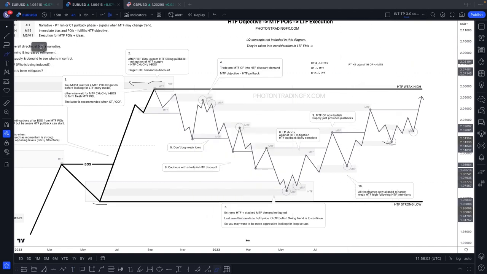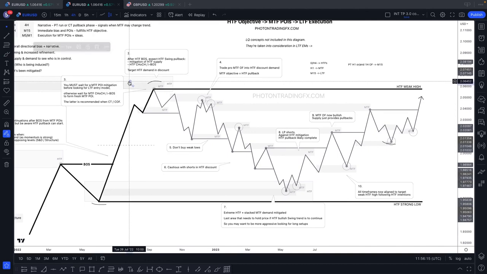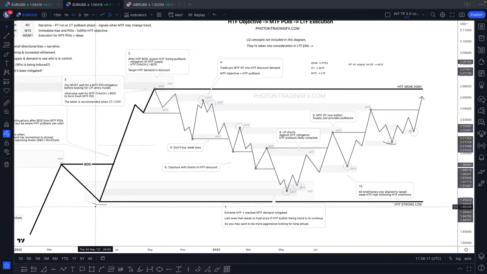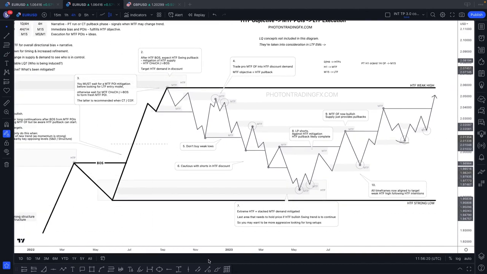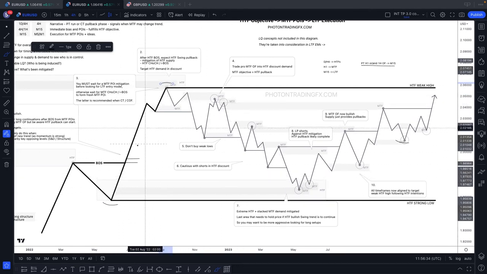The reason why I like this, and again, it depends how mechanical you want to be, because I don't actually follow this 100% of the times, because price action is unique and I have enough experience to know when to be more or less aggressive. But this is a very good starting point. Let's say I'm looking for a POI here, and this is the H1 or H4 leg, PT H1, this big leg, and then we have the H1 change of character.